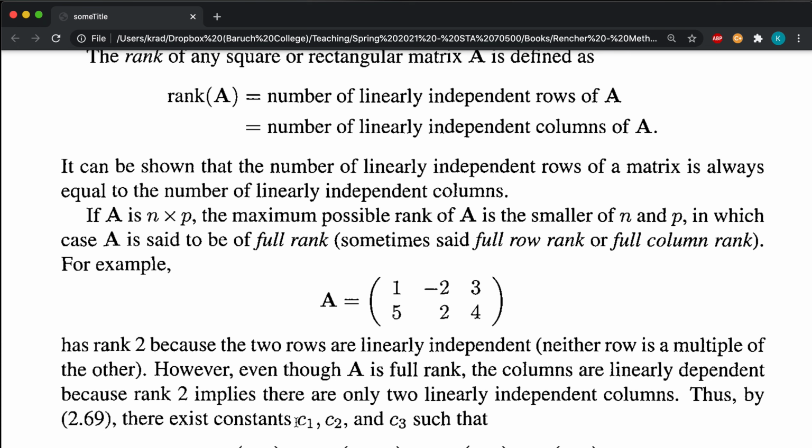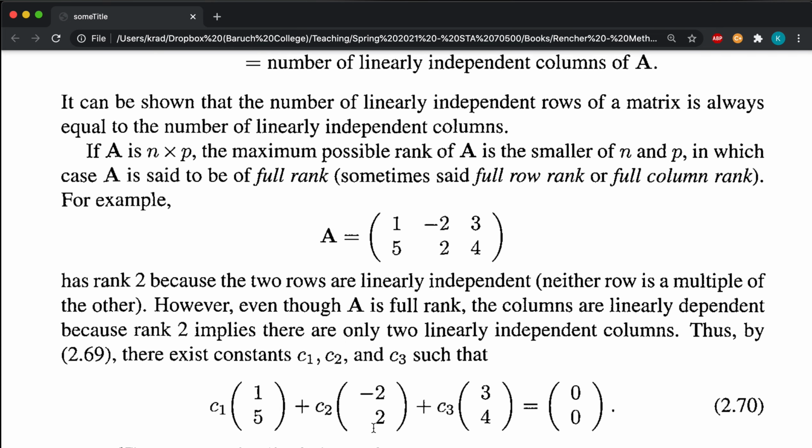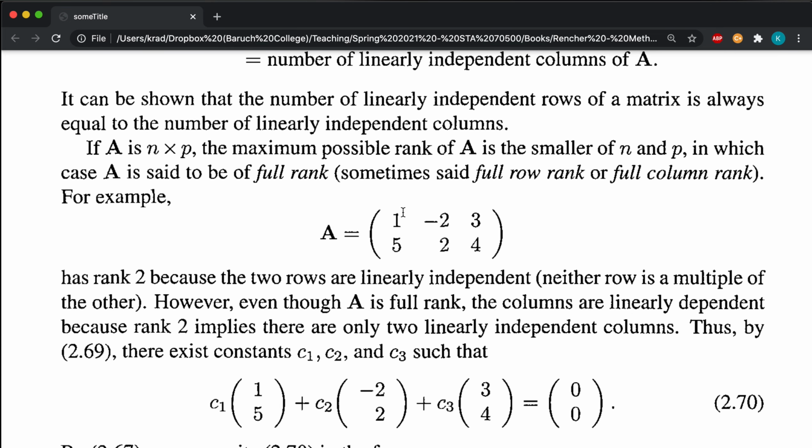Because there exist constants C1, C2, and C3 such that if we multiply 1, 5 by C1, negative 2, 2 by C2, and 3, 4 by C3, we get 0. Finding those might not be an obvious task, but it's an easy task for the computer if the dimensions are small, and it's possible.